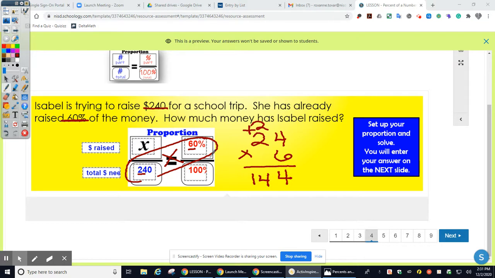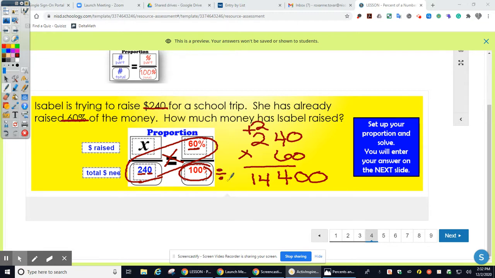So we have 144. Okay, well now I can add back in these zeros. I have 2 zeros that I took off, so I need to add those 2 zeros back in. So really, 240 times 60 is 14,400.